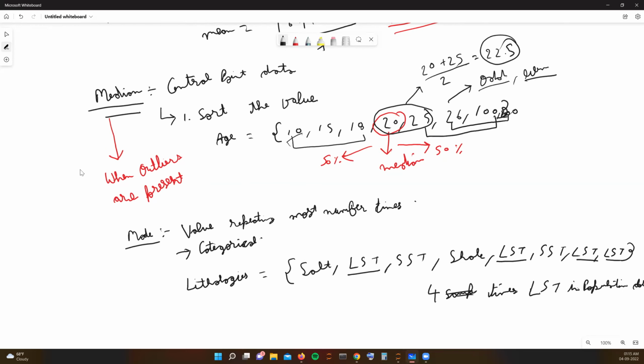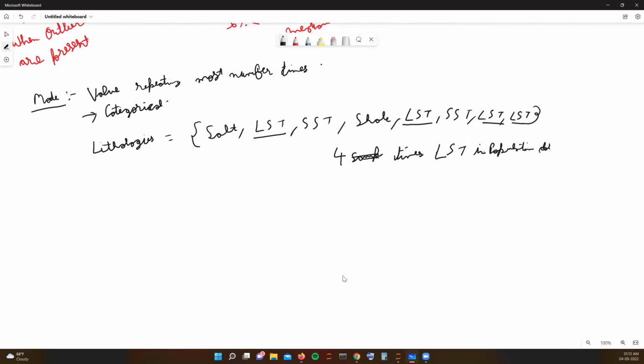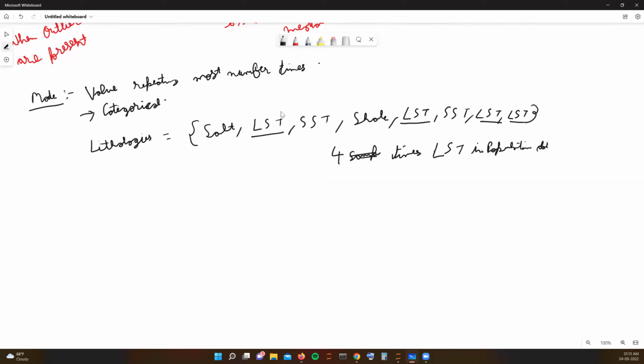So in this way, these three central tendencies can be used. Let's plot some distributions also so that it will be easy. So there are basically three types of distribution. One is normal distribution, which we will be discussing in detail in coming videos.